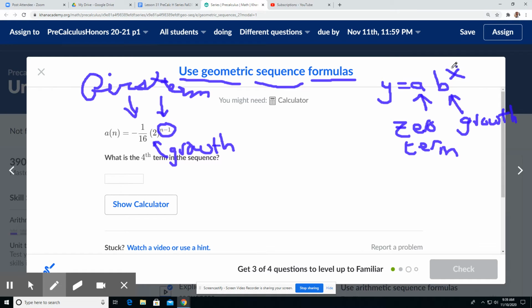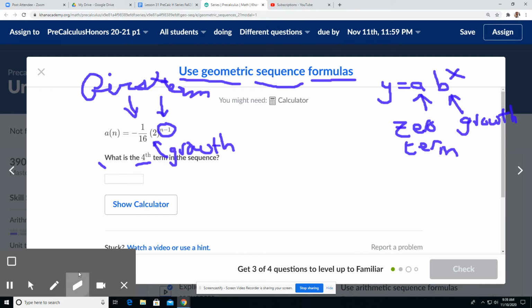Notice this is x, or in this case it might be called n, and it's not an x-1 or an n-1. That puts it at the zero term. So this just moves it a little bit, but either way, we're looking at the fourth term here. Since we have theirs set up for us already, we're just plugging in 4 for n.